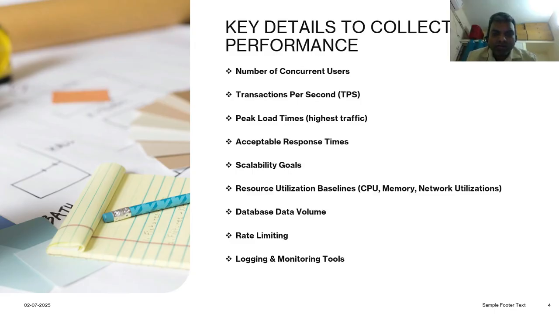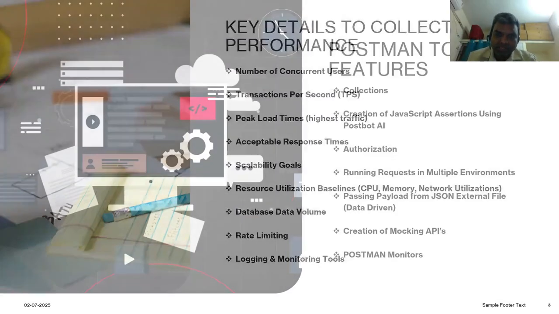We also have to reach agreement with the client on the acceptable response times, our scalability goals, how the API performs at highest traffic time, and how many concurrent users we are going to have. We need to understand all this to do the performance testing and see whether the application meets expectations.